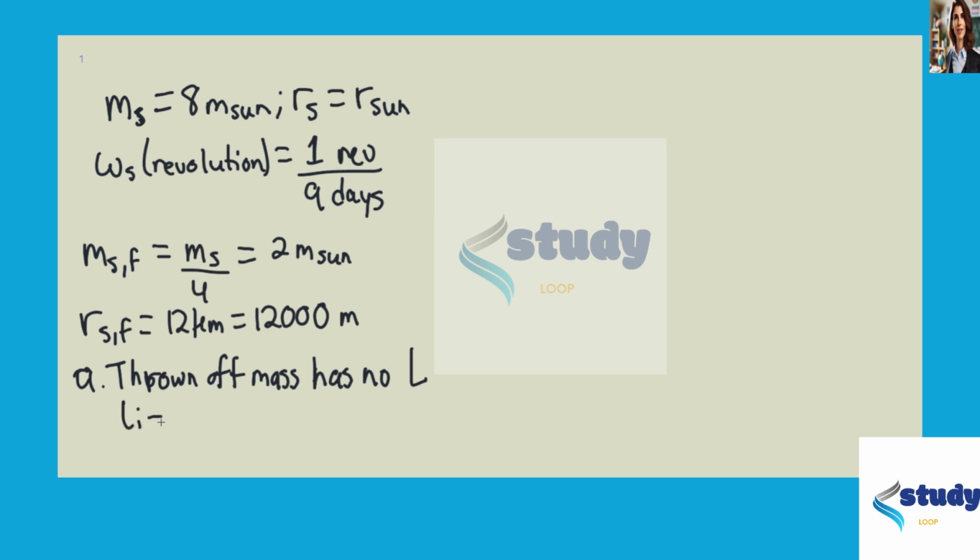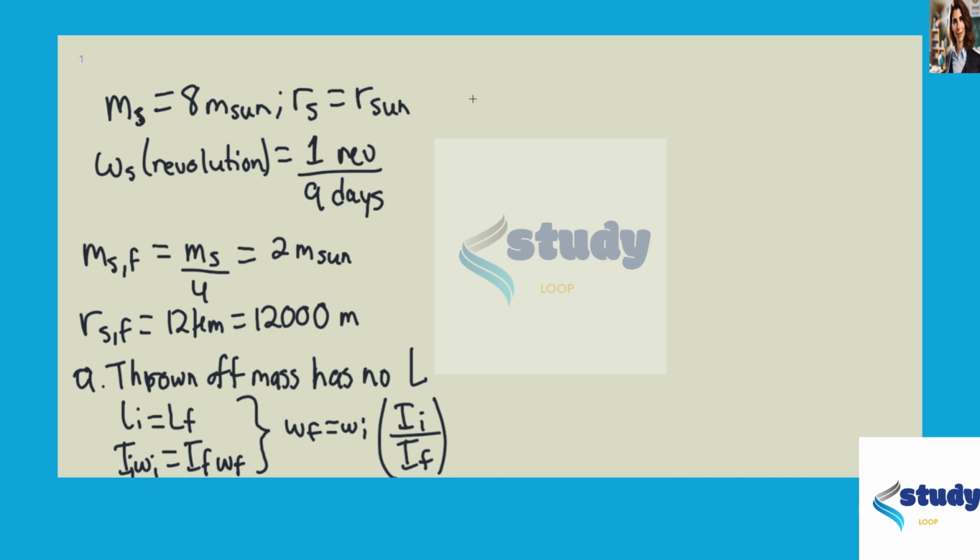So L initial equals L final, and that means that I initial omega initial equals I final omega final. So that means that omega final equals omega initial times I initial over I final.